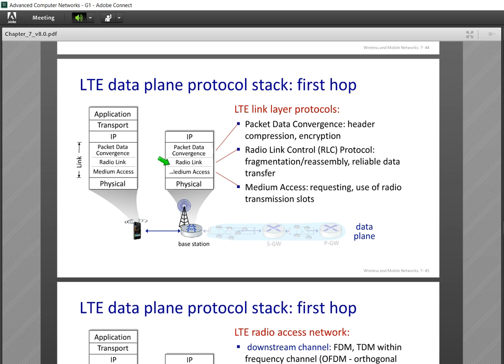So we have very specific and expert scientists to create those radio links between me and the base station.